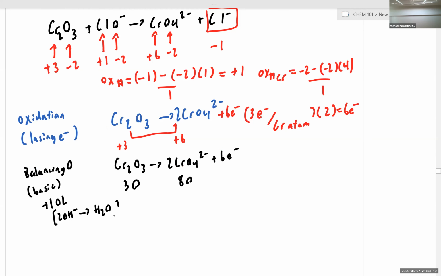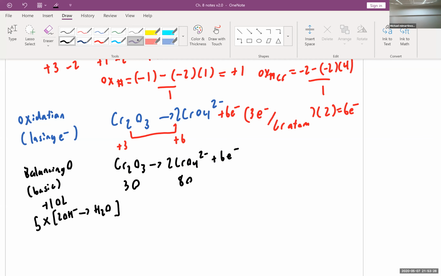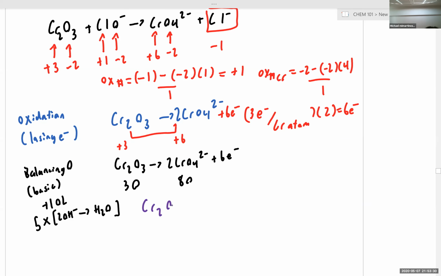So if we need to add 5 oxygens to the left, we just multiply this expression by 5. And that in turn gives us Cr2O3 plus 10 hydroxide leads to 2 CrO4 2 minus plus 5 H2O plus 6 electrons.